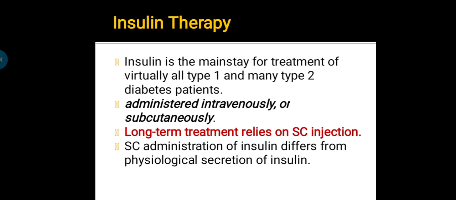In physiological insulin secretion, there is a sharp peak after a meal and then a rapid fall. So when we eat, there is a rapid peak and sharp fall, which controls the postprandial hyperglycemia. But when this peak is defective, there is a chance of postprandial hyperglycemia, because glucose is not properly taken up by the cell.